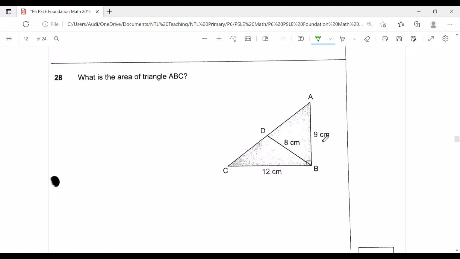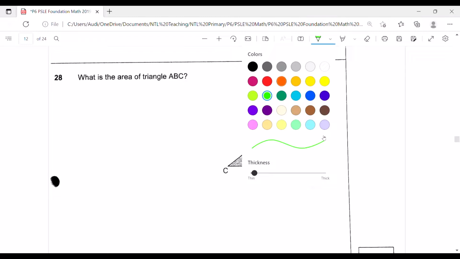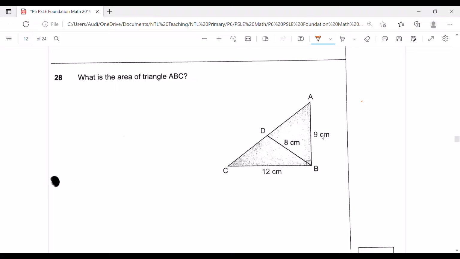Right, question 28. What is the area of triangle ABC? So to find the area of a triangle, first we have to remember the formula. Area of triangle is half times base times perpendicular height.